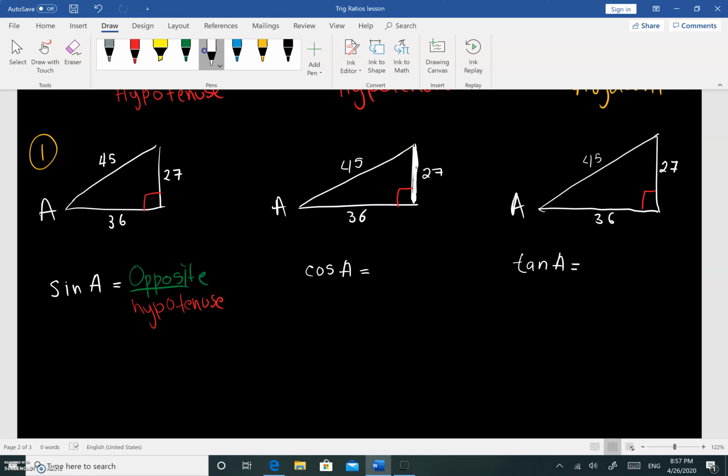So first of all, what's opposite to A? The one that's opposite is going to be 27. So that's my opposite. And then what's my hypotenuse? It's going to be 45.